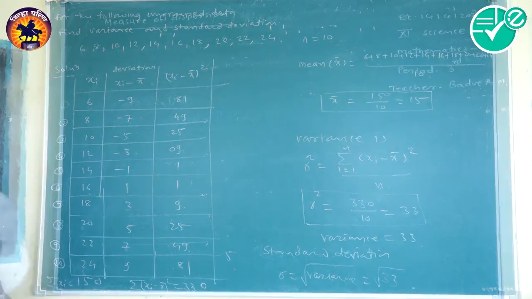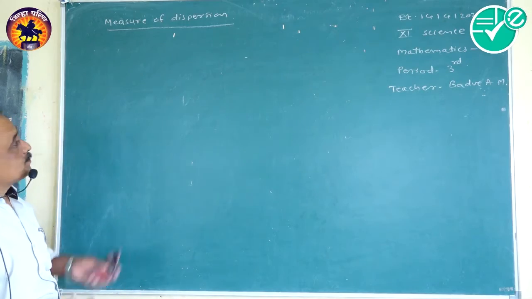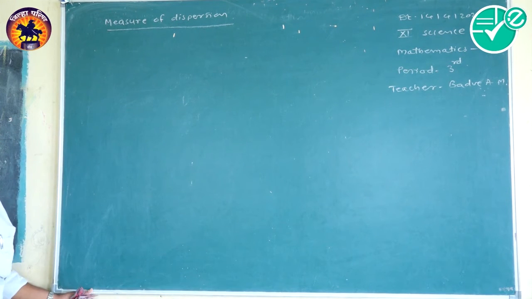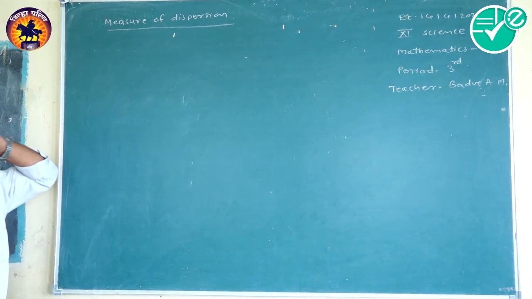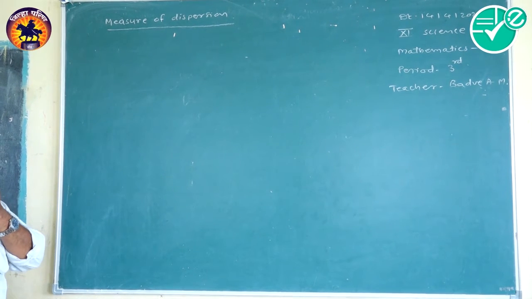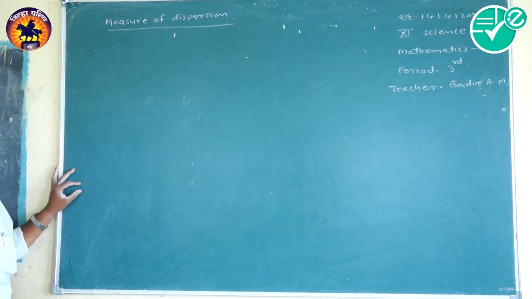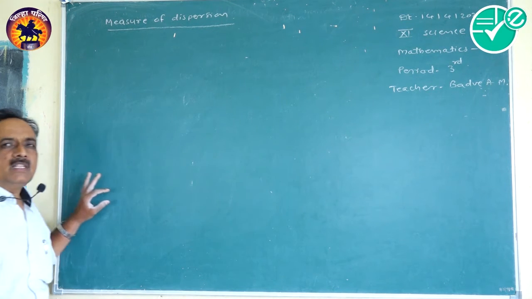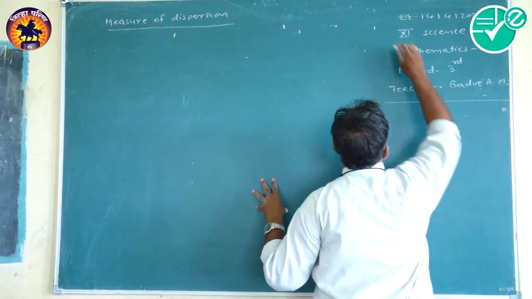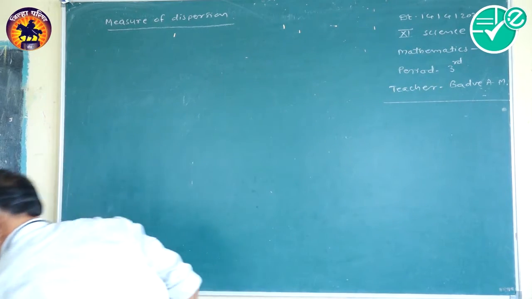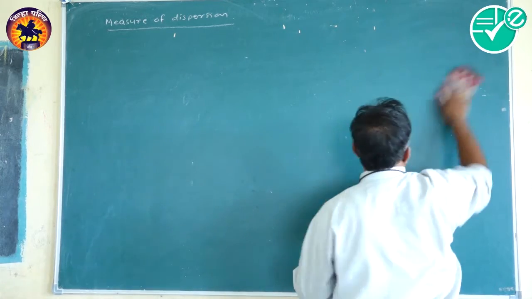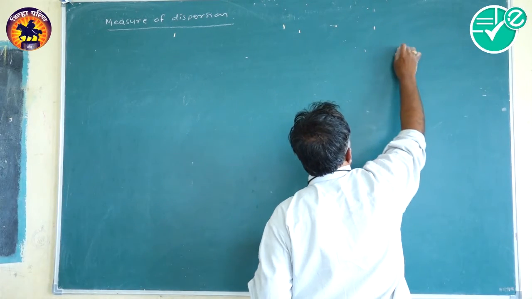Okay, thank you. Previously we studied how to find the variance and standard deviation if the data is ungrouped data. What we studied in the topic up till now: very first we studied what a range is.